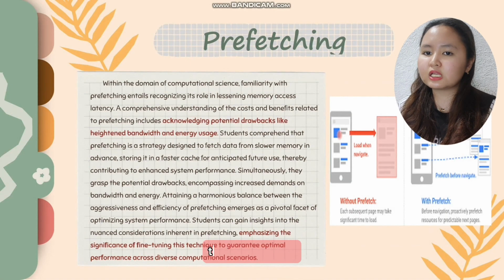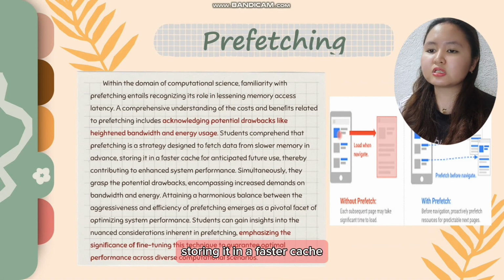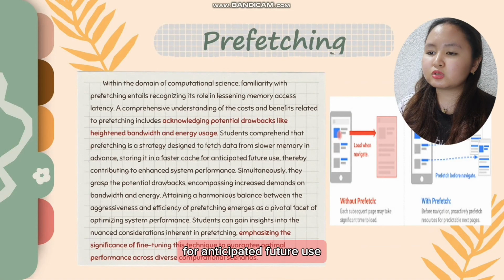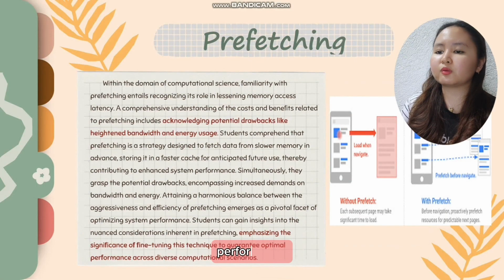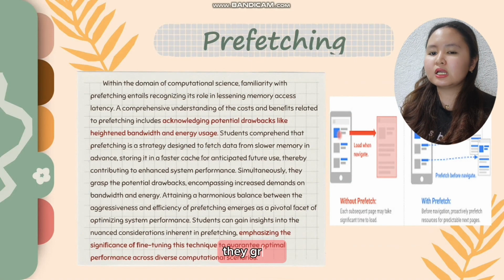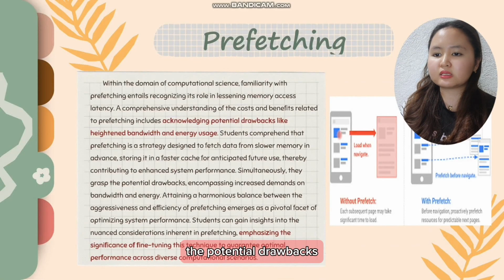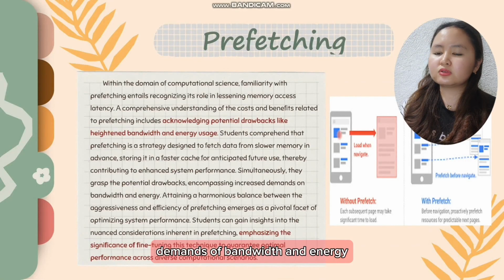Students comprehend that prefetching is a strategy designed to fetch data from slower memory in advance, storing it in a faster cache for anticipated future use, thereby contributing to enhanced system performance. Simultaneously, they grasp the potential drawbacks, encompassing increased demands of bandwidth and energy.